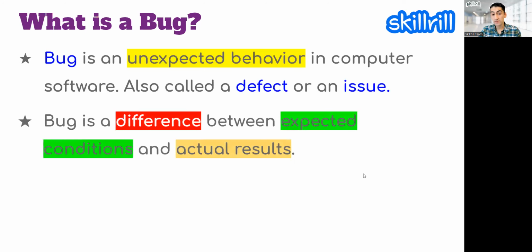Here's another explanation. I think I saw one or two of the participants gave a similar answer. It's a difference between expected conditions and the actual results, right? So you have conditions that you take from the requirement documents, such as if I click the login button while the username is missing, you are expecting some error message.